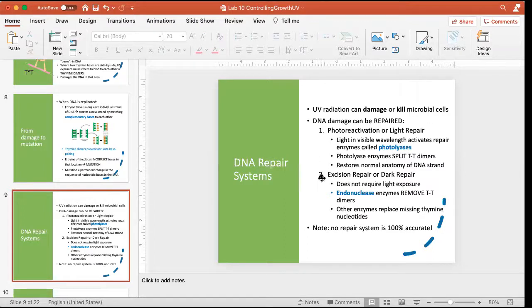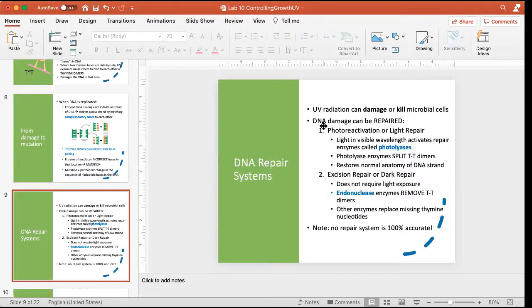And the other one is called excision repair, also known as dark repair. The reason these systems are called light and dark is because one of them can only work in the presence of visible light. The other one can occur in the light or in the dark.